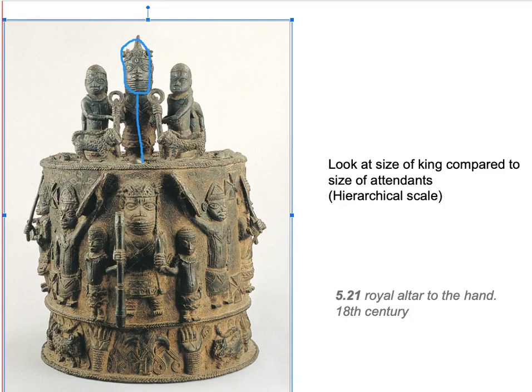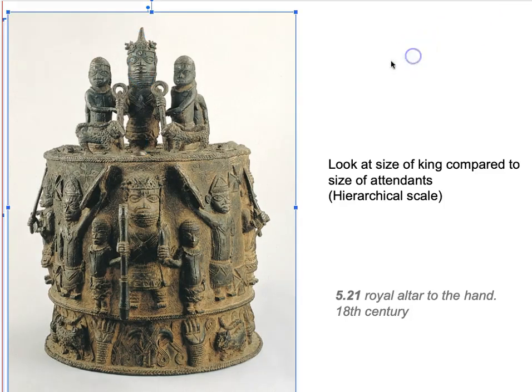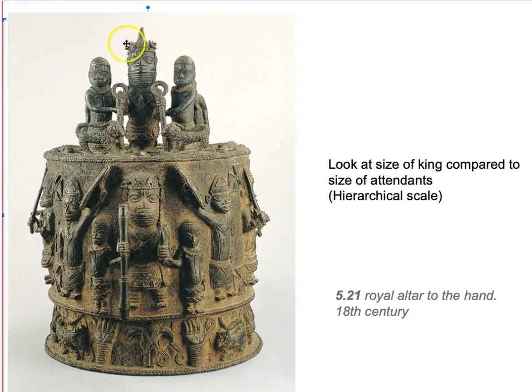So he is not made in proportion, probably intentionally though. That's part of hierarchical scale: the king, who's thought to be amazing and this wonderful leader, and you respect and you honor and you glorify, he's going to have a really big head because he's important. His head is like the crown of the body, right? So that's probably intentional. But then in addition to his body being out of proportion, he is bigger in scale than the people next to him.